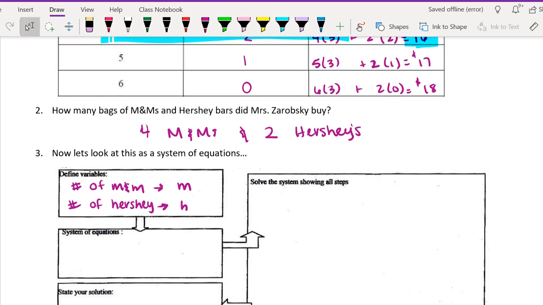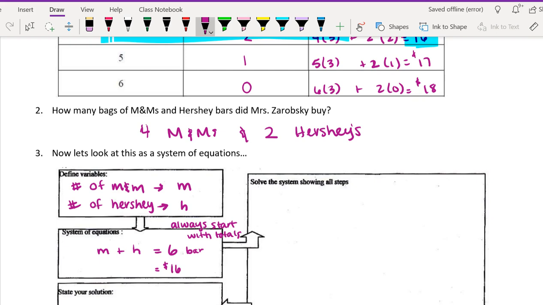The system of equations, we should always start with our totals. Okay, so I know I bought a total of 6 bars. Well, the 6 bars I got from taking M&M's plus the number of Hershey bars I bought. I know that I spent a total of $16.